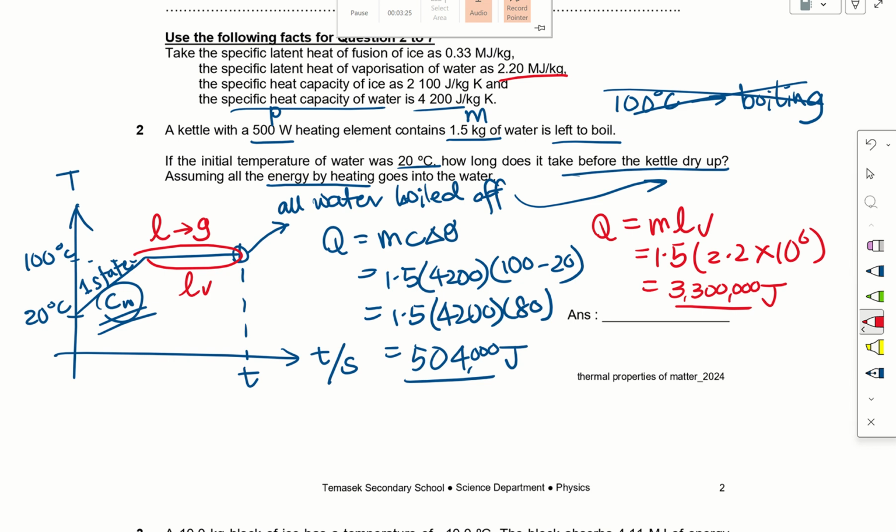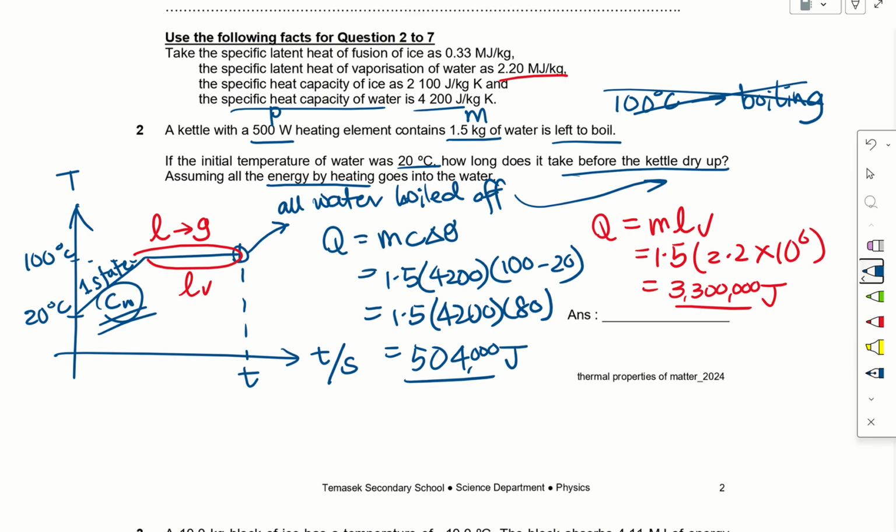Okay, I have already done my calculation. You see that the energy transferred to the water while the temperature is increasing is 504,000 joules. The energy transferred to boil off the water at 100 degrees is 3.3 million joules. So we have to add up the total energy.